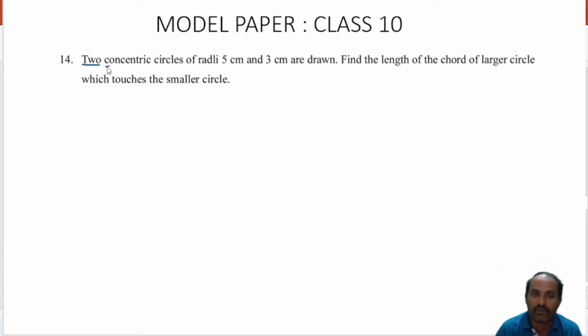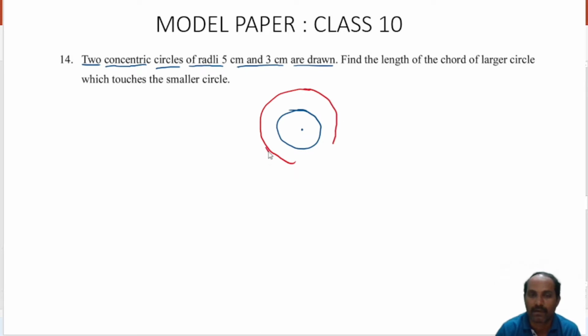Here 2 concentric circles of radii 5 and 3 centimeters are drawn. 2 concentric circles are there. For example, one circle like this, and another circle like this. What does concentric mean?